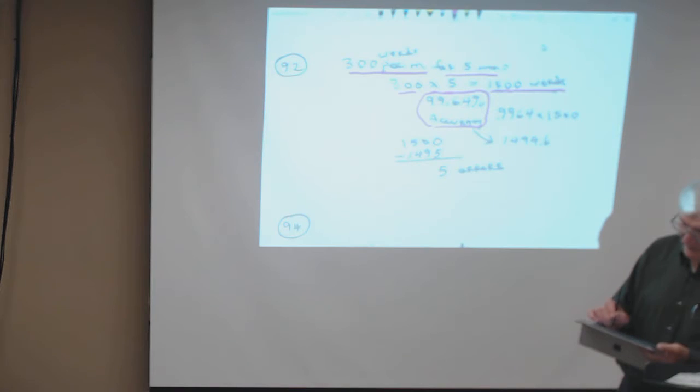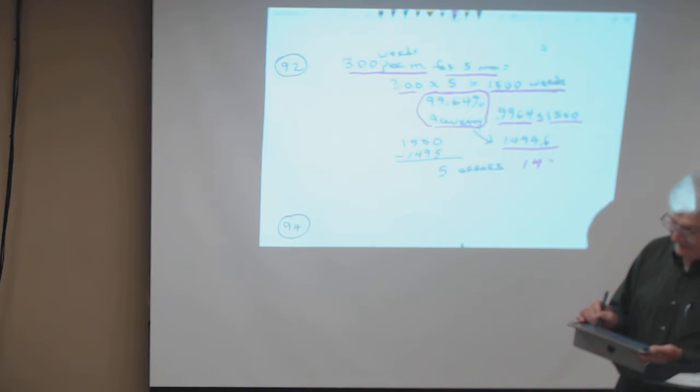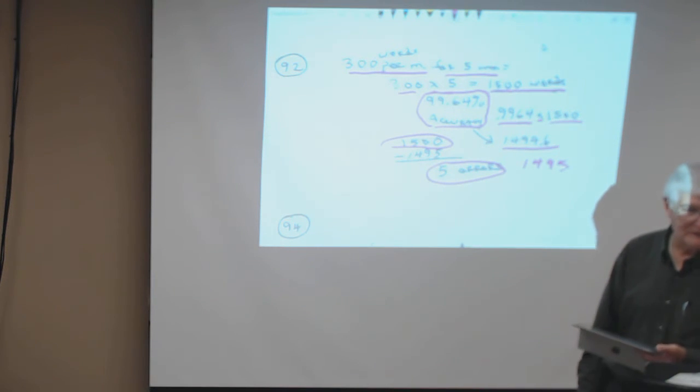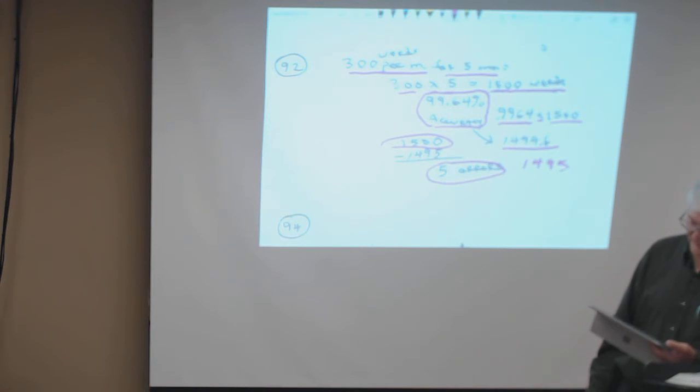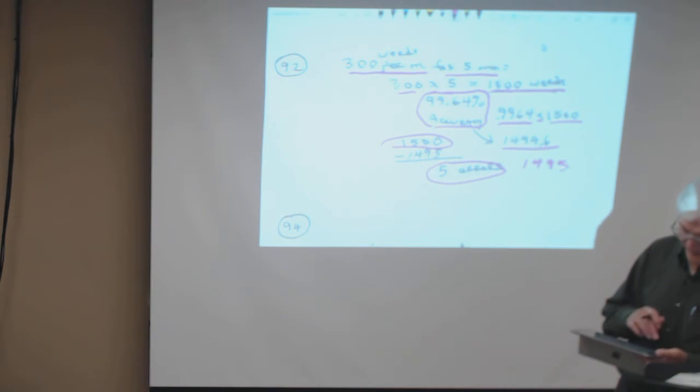So I simply take 0.9964 times 1,500, and I get 1494.6. Round that off, it would be 1495. And there were 1,500 words to start with. So whoever did this made 5 errors out of 1,500 words of shorthand.